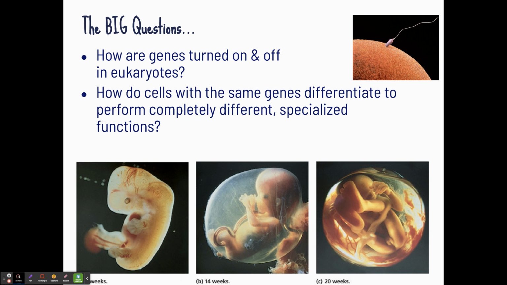One of the biggest examples I can show you here is going to be embryonic development. If I look at fertilization here, when the egg and sperm unite, remember that the nuclei from the sperm and the nuclei from the egg are going to merge together.